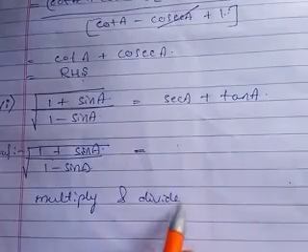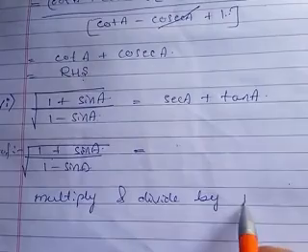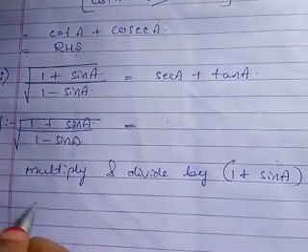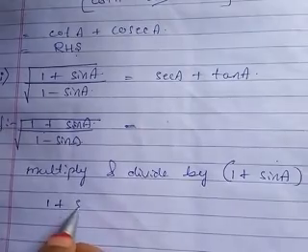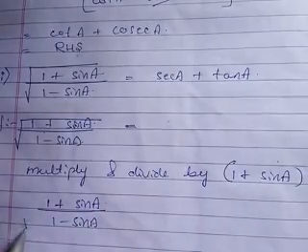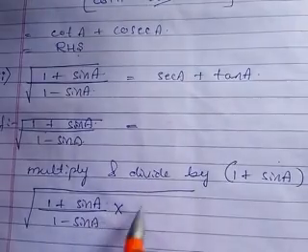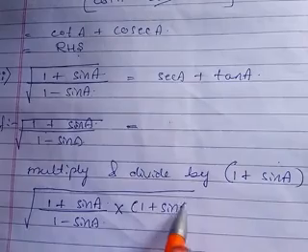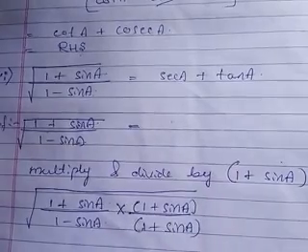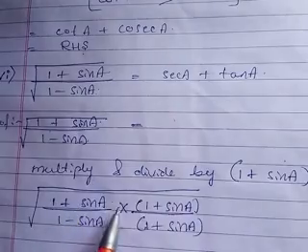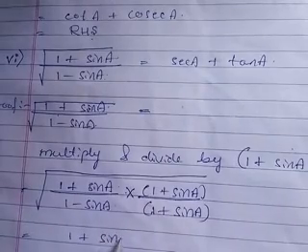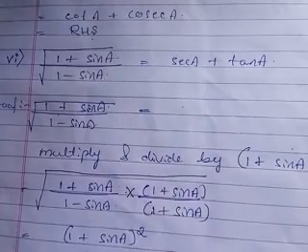Now, (1 plus sin A) divided by (1 minus sin A), into (1 plus sin A), multiply and divide with 1 plus sin A. A into A is A square, so (1 plus sin A) whole square.